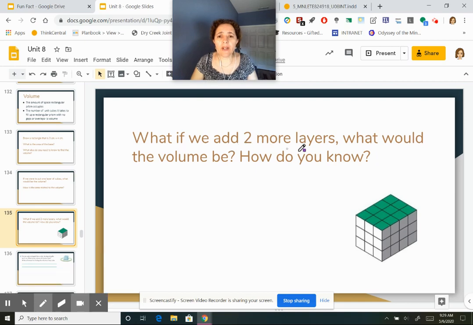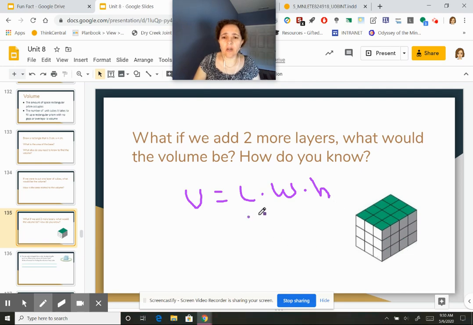Okay, what would happen if we added 2 more layers? So in this shape, if this bottom layer was my original layer, and then I added 2 more layers, another layer and another layer, then volume equals length times width times height. My length, going long ways, 1, 2, 3, 4, is still the same. My width, 1, 2, 3, is still the same. That hasn't changed.